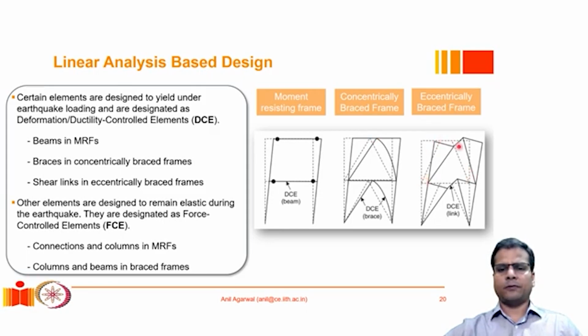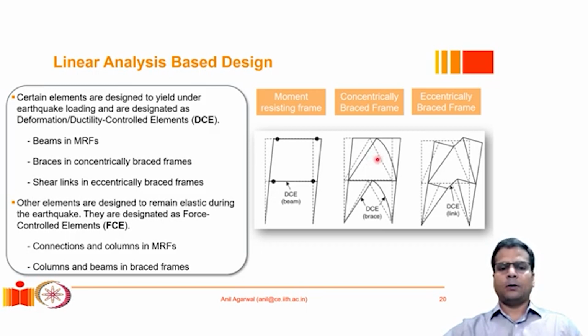In the undeformed configuration, these broken lines show the undeformed configuration. So these two braces do not meet at the same point on the beam. They meet with some offset, and that offset creates an eccentricity which actually creates a shear link. So in different systems, there are different components which are expected to undergo plasticization.